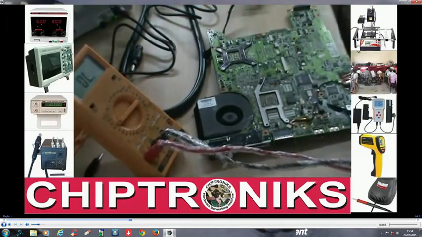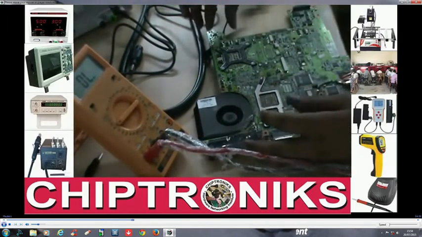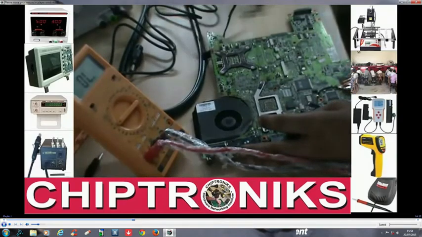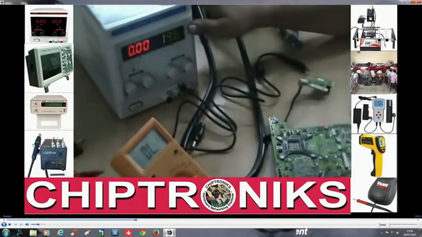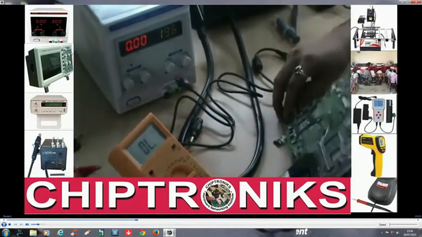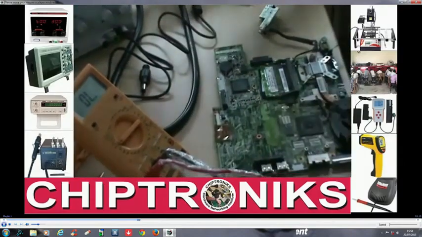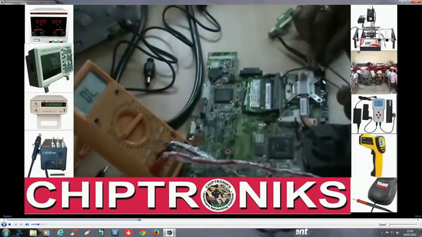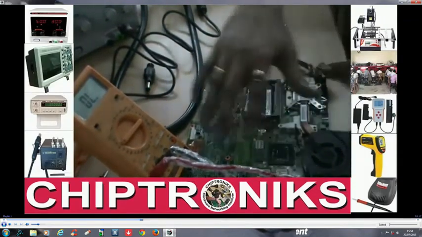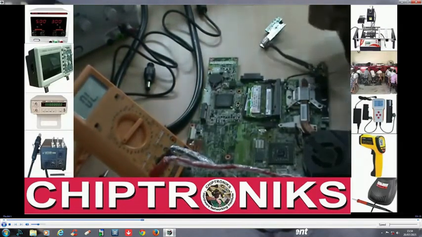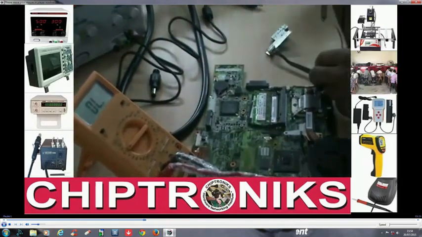How do we know where is the actual fault inside the motherboard? Now for this kind of faults, we solve with this DC power supply. Now what we need to do, we place one jumper to this MOSFET, because this MOSFET provides adapter volt to inside the motherboard. That's why here I'll put one jumper over here.